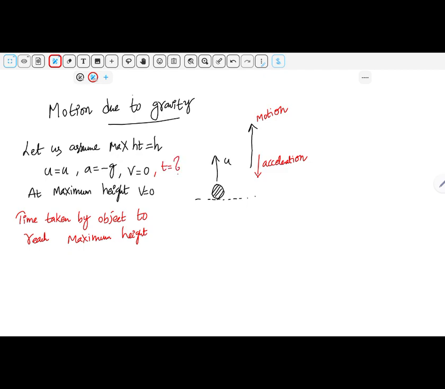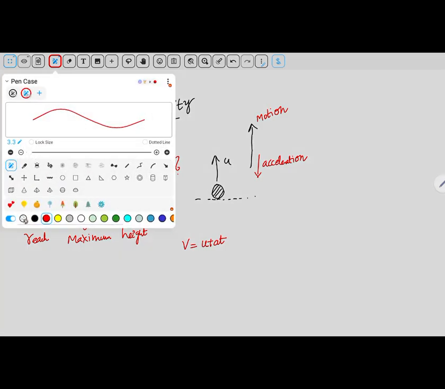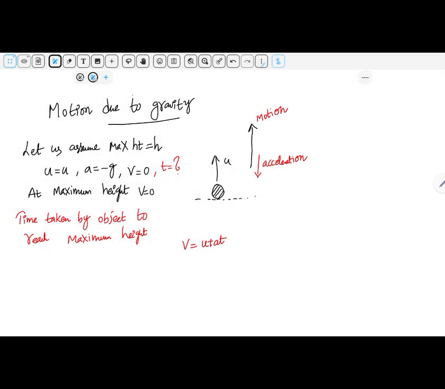Okay, so what is the kinematic equation that I can use now? I can use the kinematic equation v is equal to u plus at. Why? Because I know u, a and v. I want to find t. In that case, v is equal to 0. Substitute the values here, and u is equal to u.